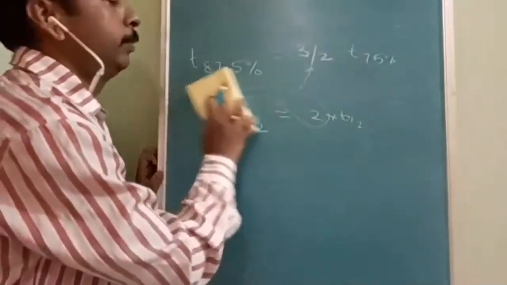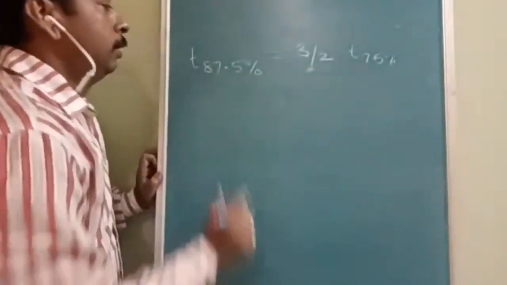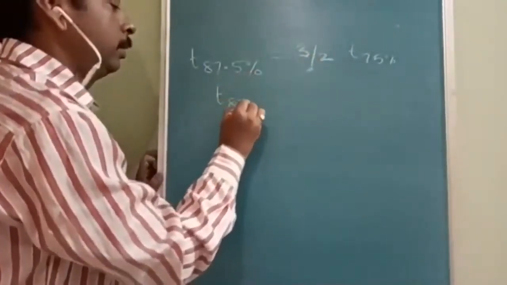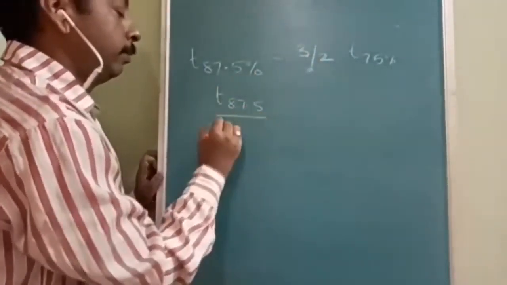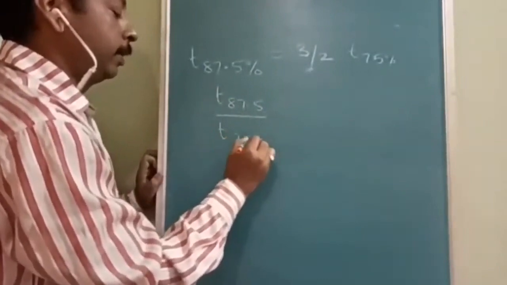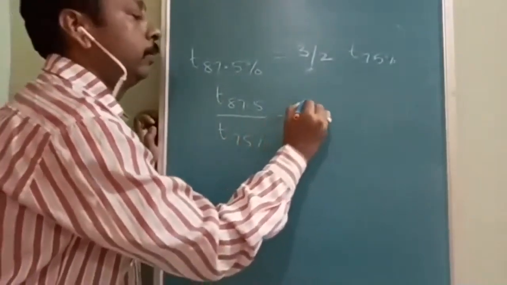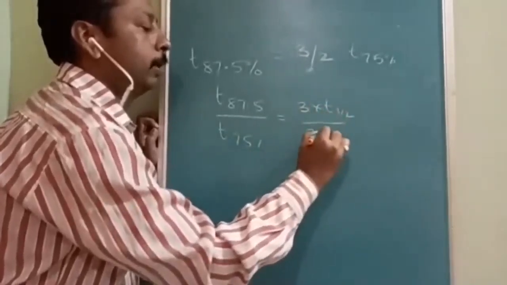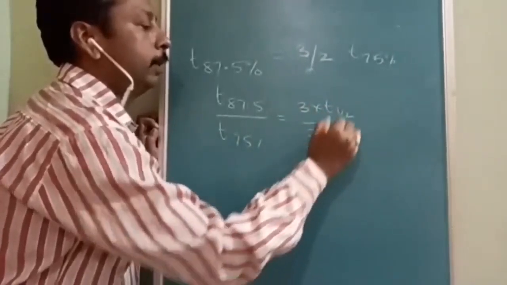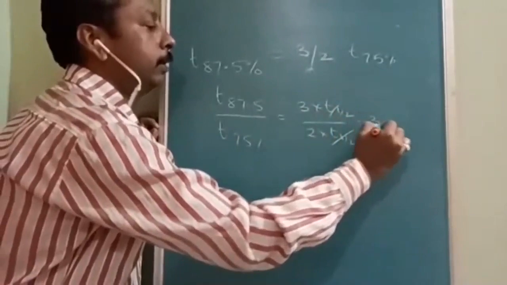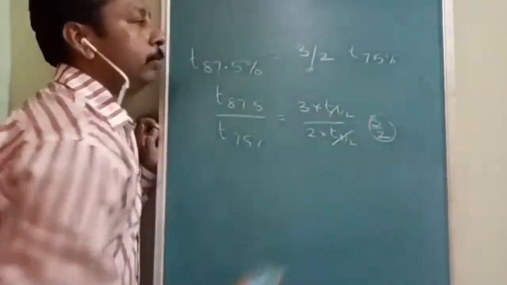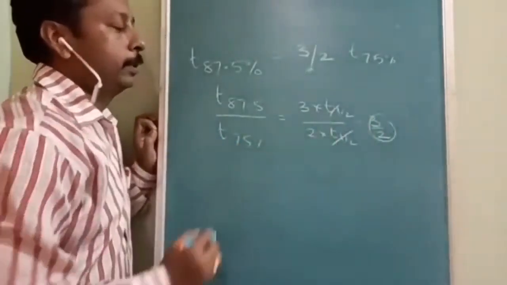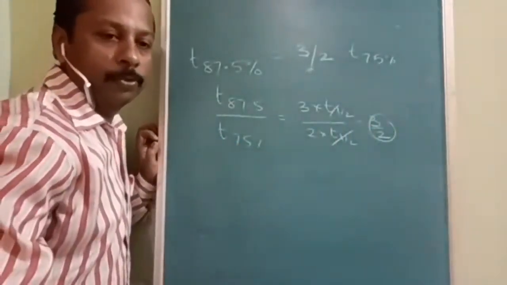Otherwise if you want me to write like this, T87.5 divided by T75%, is equal to 3 times of T half divided by 2 times of T half. T half will get cancelled. So 3 by 2. Okay. So T87.5% is 3 by 2 of T75%. Like this, is it understood?